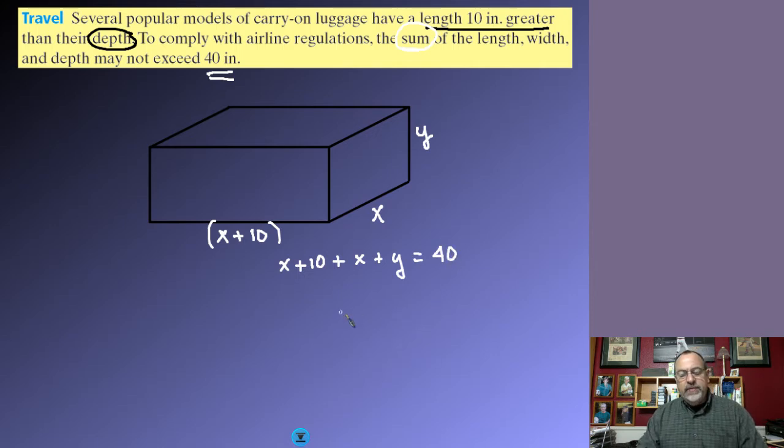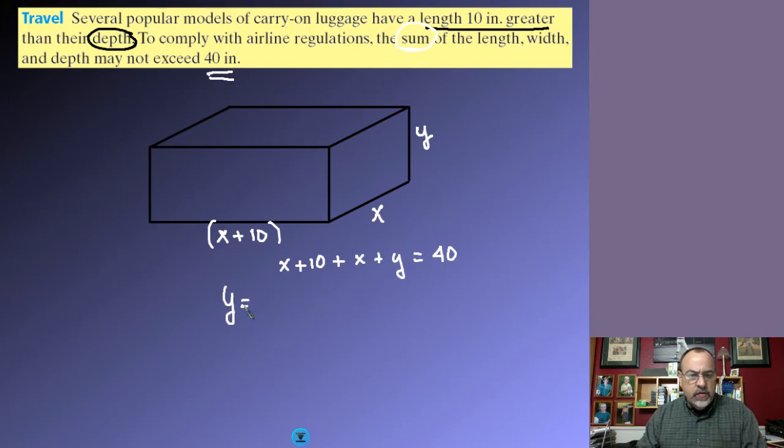That's as big as they can be. Well, now that I have this equation, I can solve this for y, move everything to the other side, and that will give me what y is in terms of x, and then I'll have x for all of my dimensions. And again, they'll always do that with either perimeter or area, allowing you to figure out what that last dimension is in terms of x.